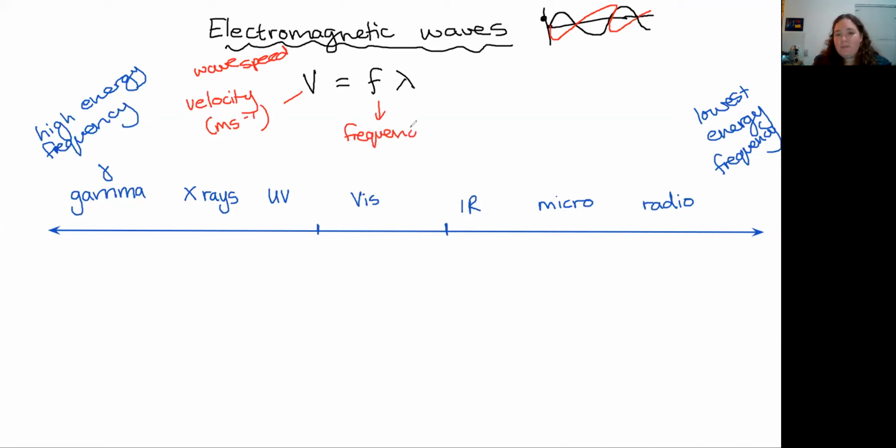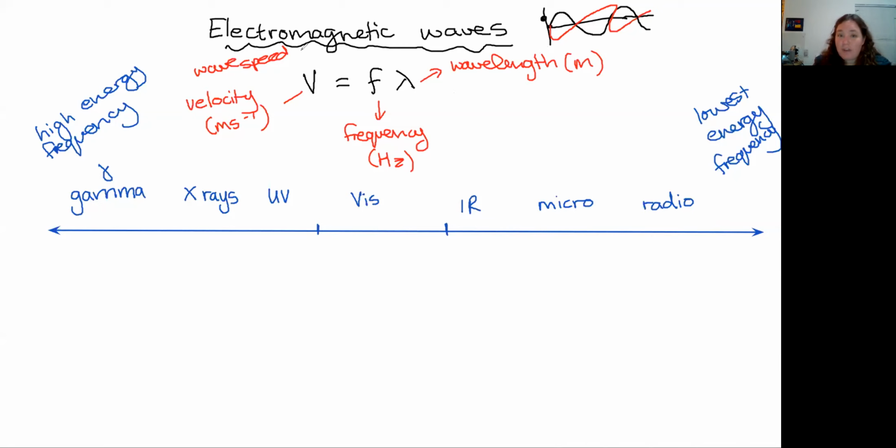That's the number of waves per second, measured in hertz. And lambda, L-A-M-B-D-A, is our wavelength, measured in meters. Now something that you may remember from grade 10, or maybe you don't, is that all electromagnetic waves travel at the same speed.